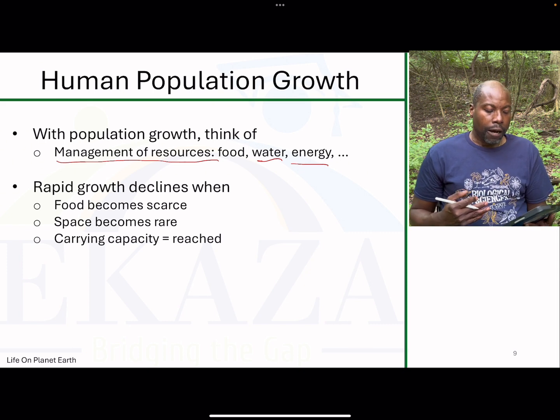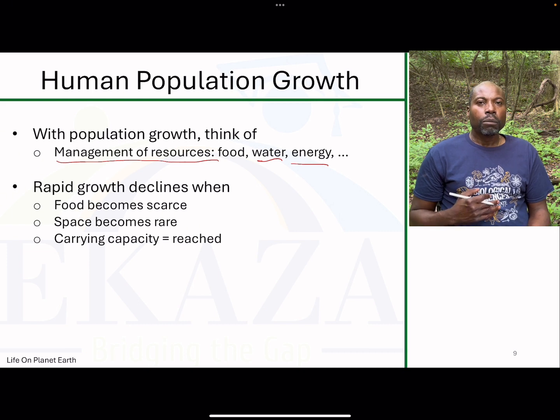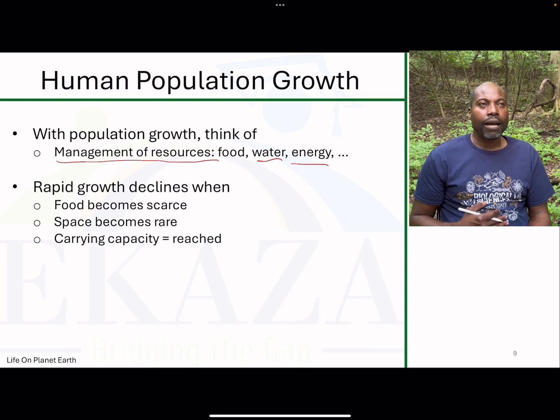We have areas that are more developed countries, we have areas that are less developed countries. In any way, what I want you to remember is that there is a rapid growth decline when food becomes scarce.